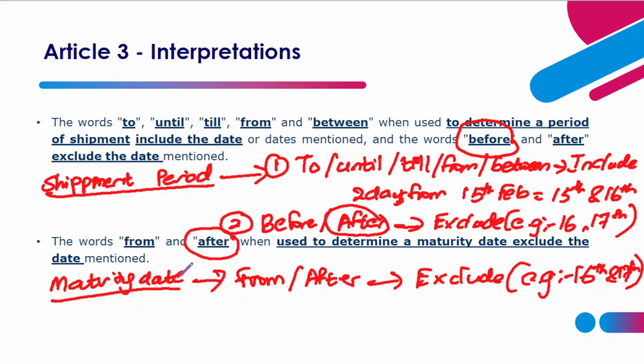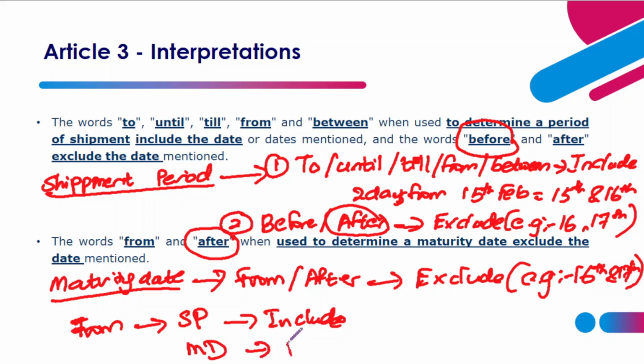But the trickiest of all is the term from. Why? From, if you are referring to a shipping period, you can include. If you are referring to a maturity date, you can exclude. So please note this down. This is the trickiest of all.